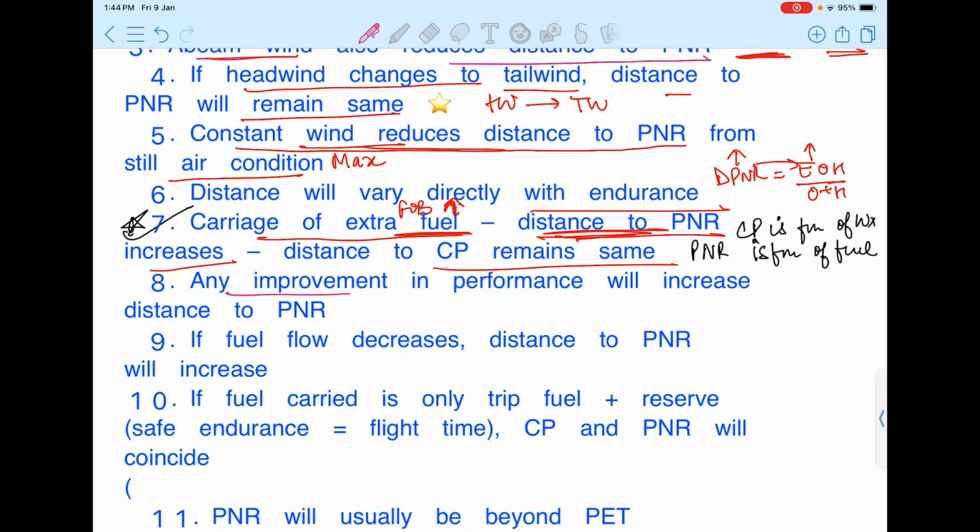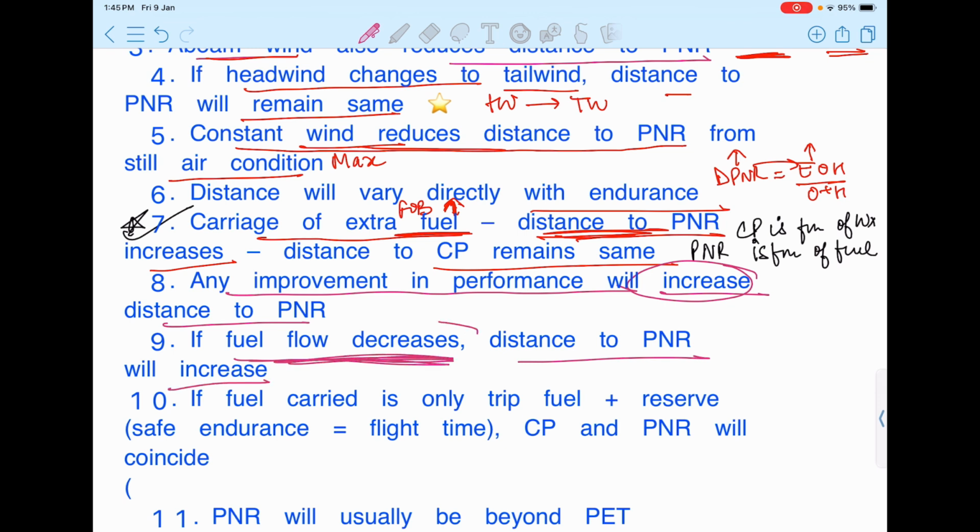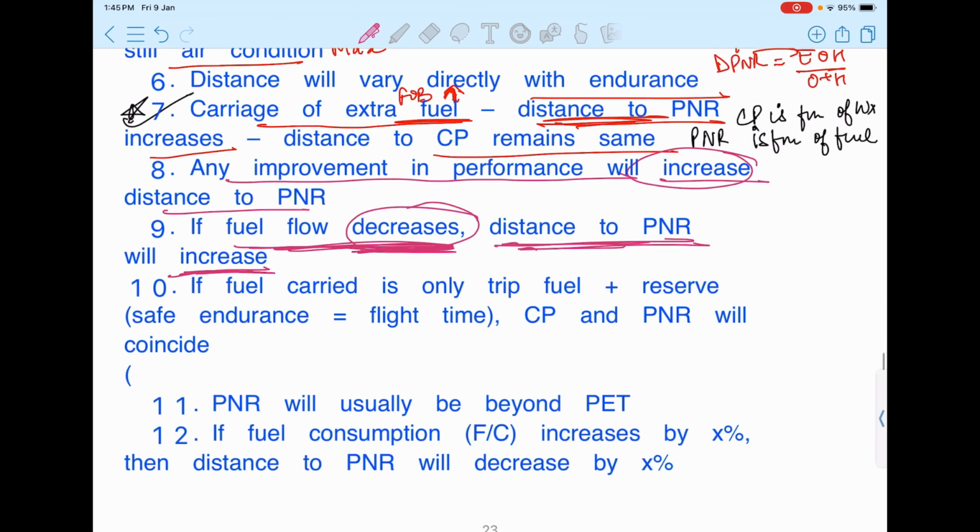Next point, any improvement in performance will increase the distance to PNR. Fuel flow decreases, distance to PNR will increase. Fuel flow has reduced, so of course our distance to PNR will increase. We are using less fuel, so our distance will increase. If the fuel carried is only trip fuel plus reserve, then our safe endurance is equal to flight time.